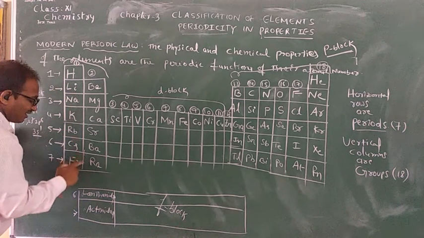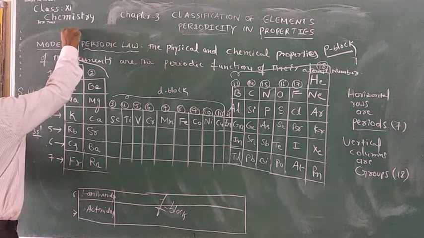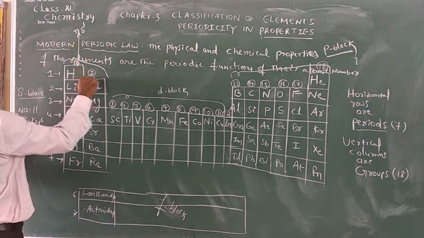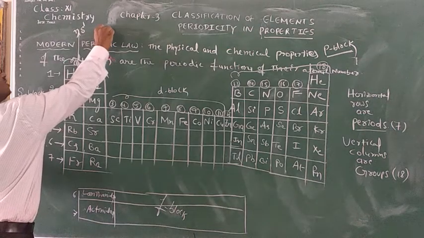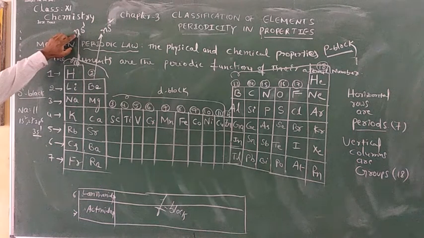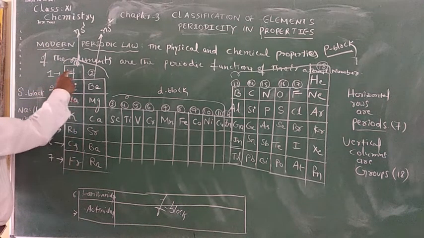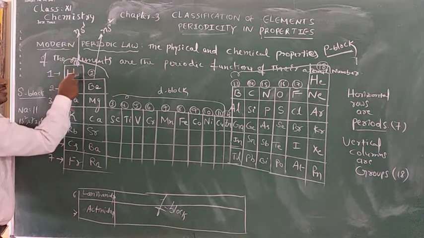The general electronic configuration of these elements is ns1, and for this group, ns2. Here n means the orbit number or shell number: 1s1, 2s1, 3s1, 4s1, like that. So all these elements have one electron in the S subshell.